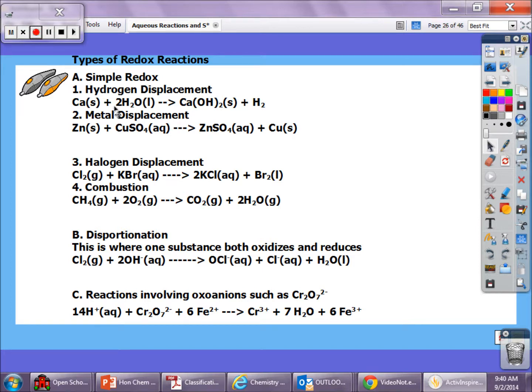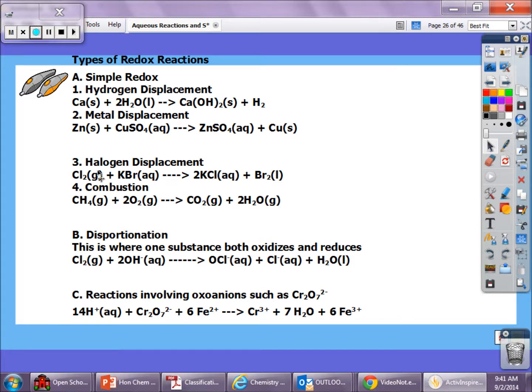Another one is, again, metal displacement. If zinc is more active than copper, it will displace it in this equation. So those are redox, because you start with zinc with a charge of 0, and then you end up with zinc with 2+. You start with copper 2+, you end up with copper with an oxidation number of 0. So this is a simple redox.